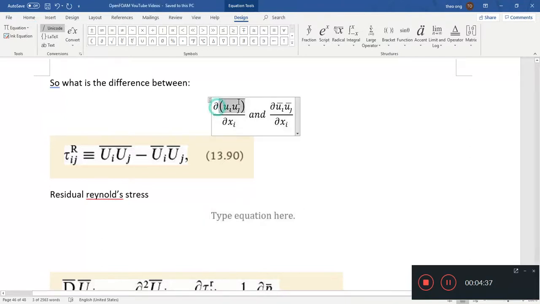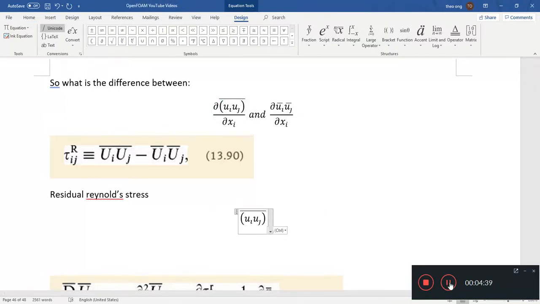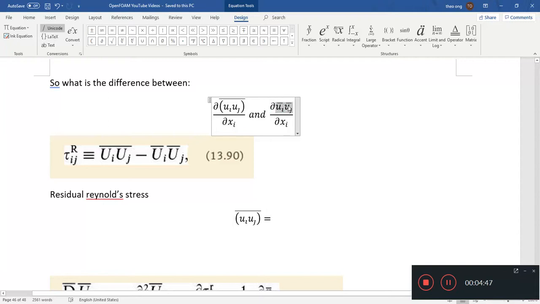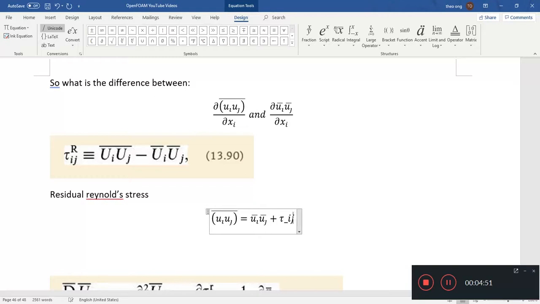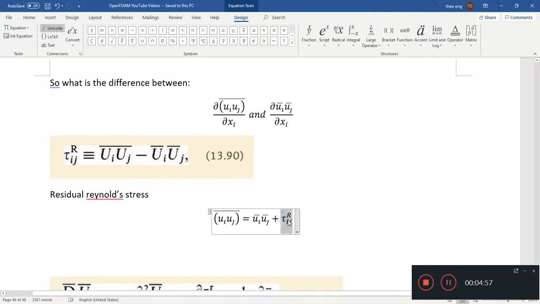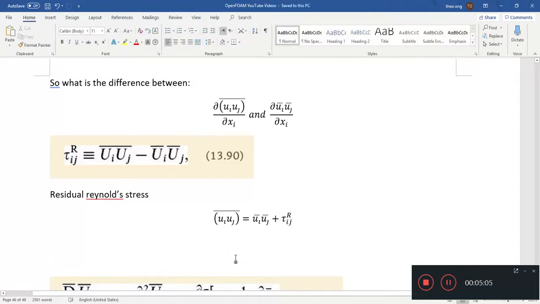So we can just write uj equals this term plus tau ij r. These are the additional Reynolds stress terms in the subgrid, which are smaller than your delta.